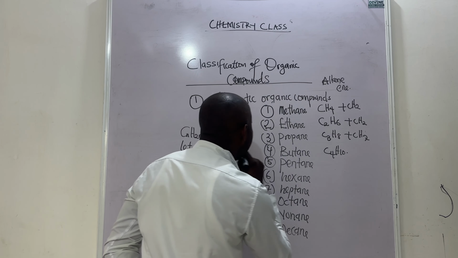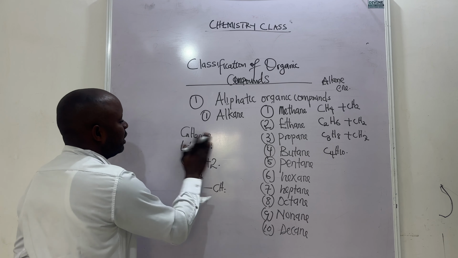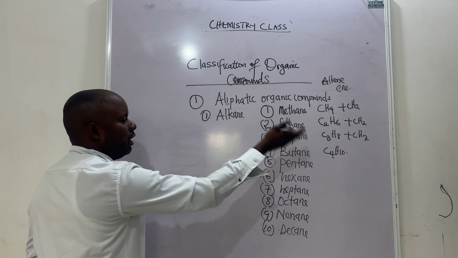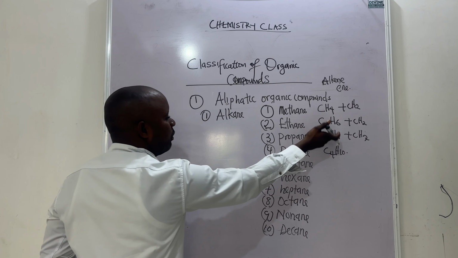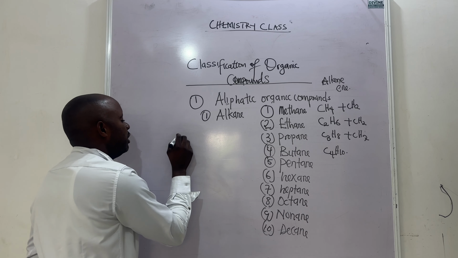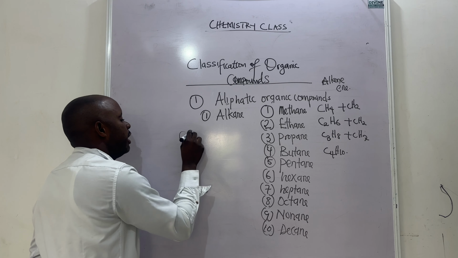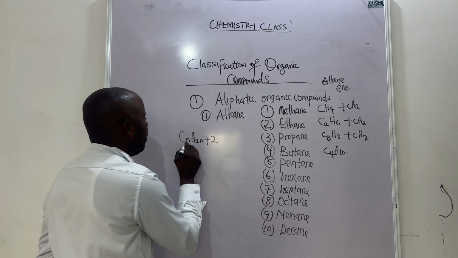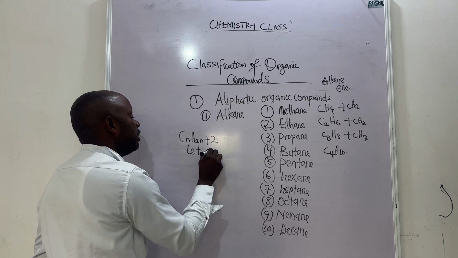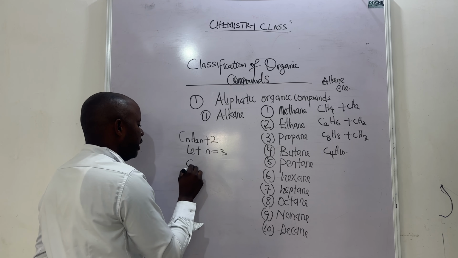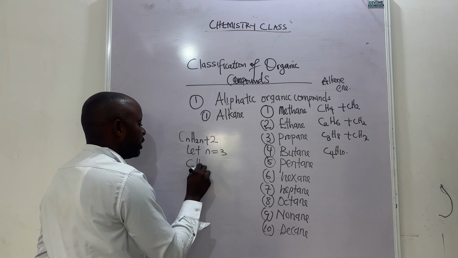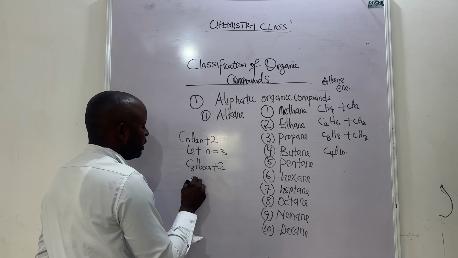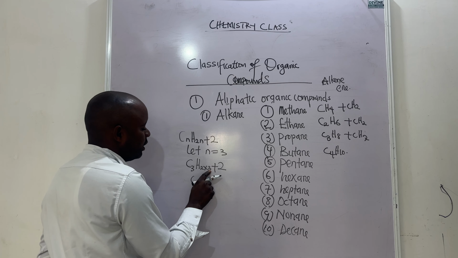I'm going to have C4H10. Now let's use this molecular formula to get the molecular formula of each of these members. CnH2n+2. Let's use the third member, let n equal 3. I'm going to say C3 H(2 times 3 plus 2). 3 times 2 is 6 plus 2.